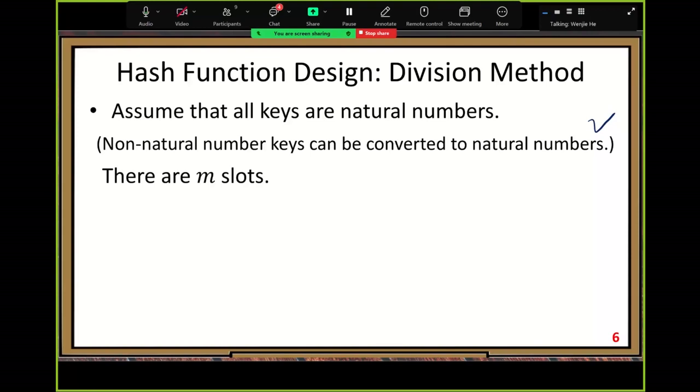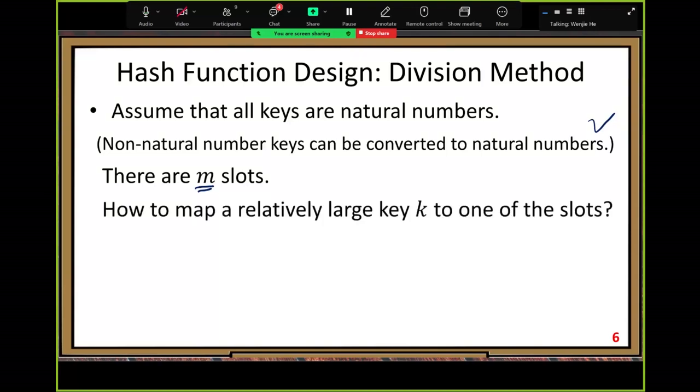All right. So there are m slots in our hash table, our data structure. We can choose this m, the number of slots. How to map a relatively large key k to one of the slots?